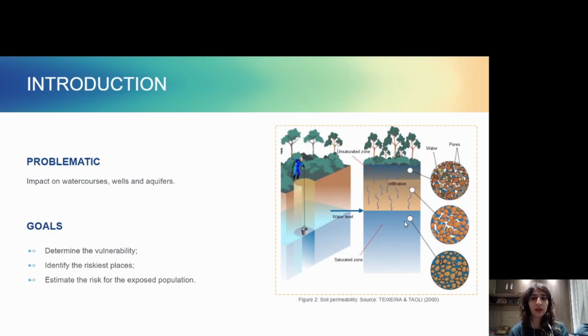This is very dangerous because it impacts the water courses, the wells, and the aquifers. Because of that, the goals of the work are to determine the vulnerability of groundwaters, identify the risked places, and estimate the risk for the exposed population.